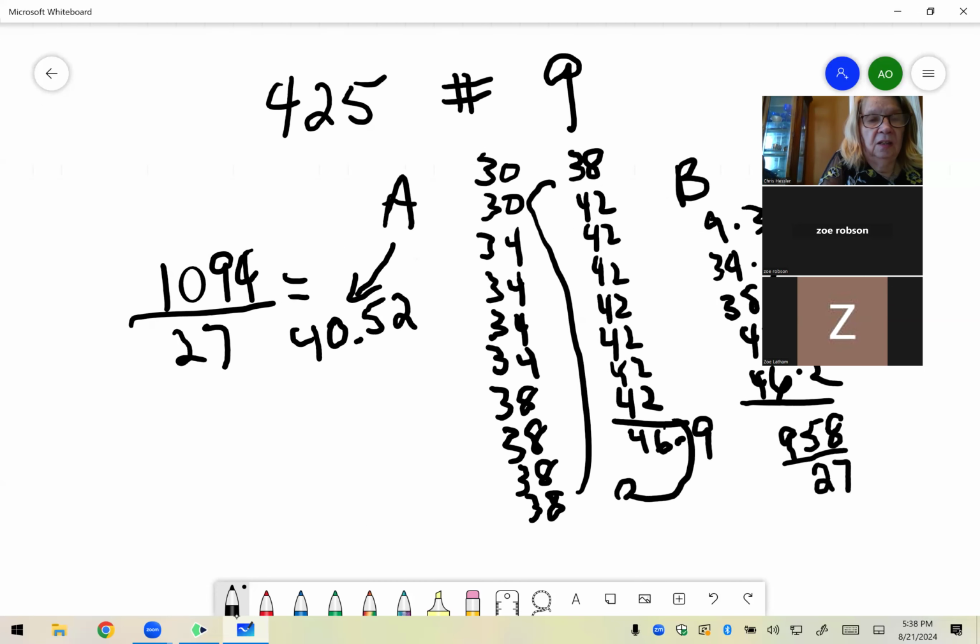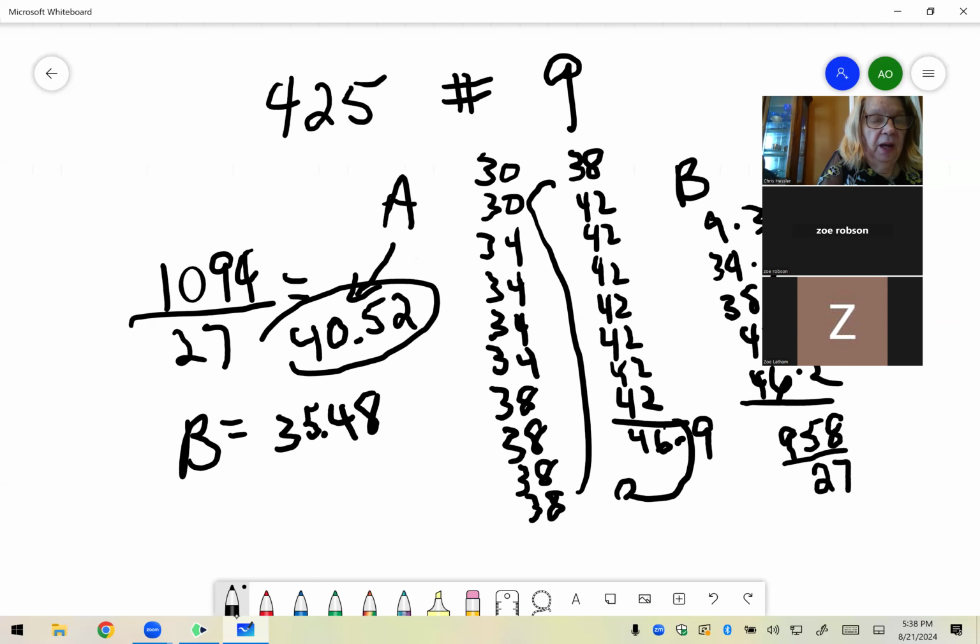So A is this. B, when we add them all up and divide, it's gonna be 35.48. So A is bigger, which means it's answer choice A.